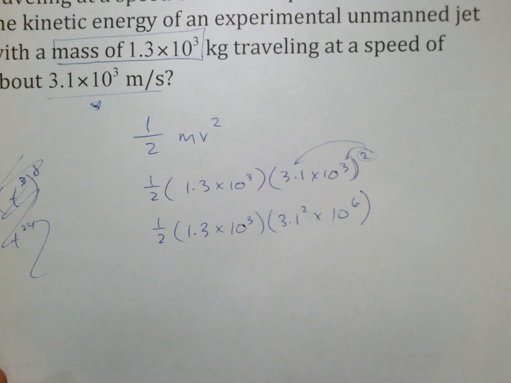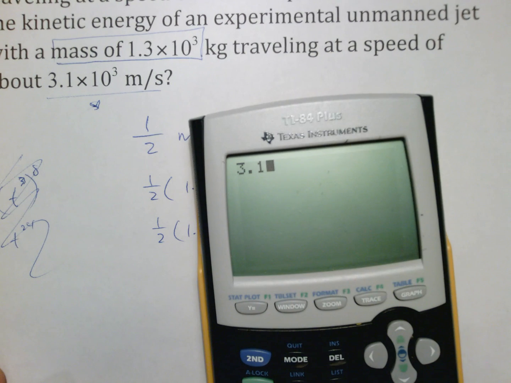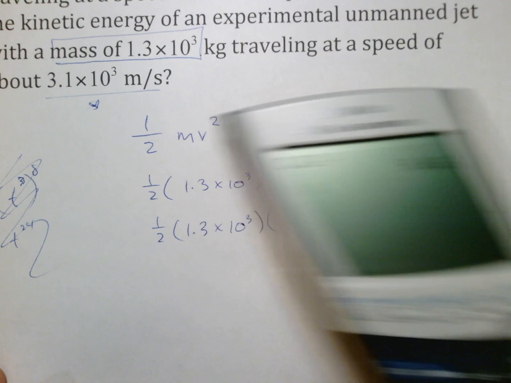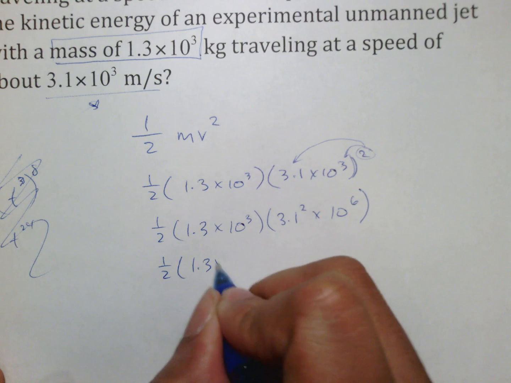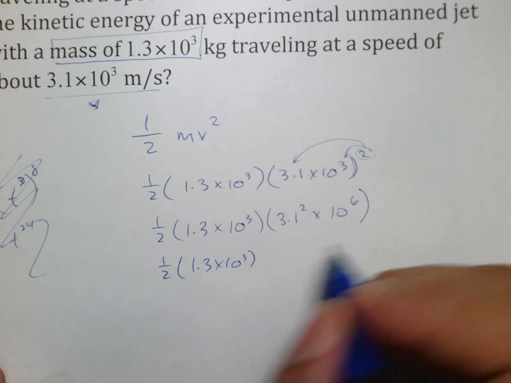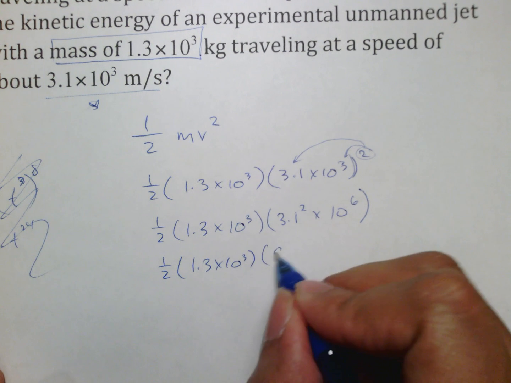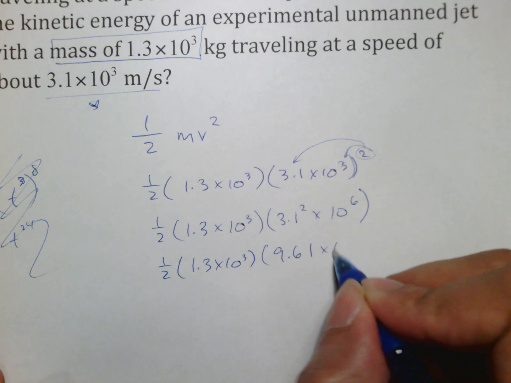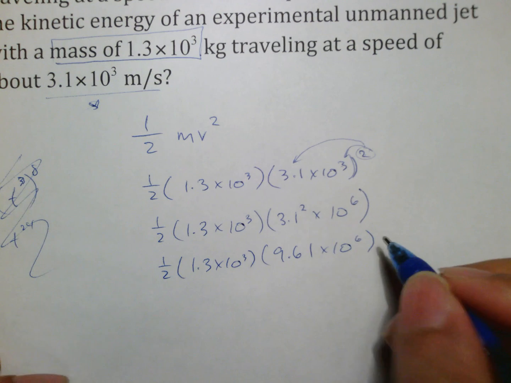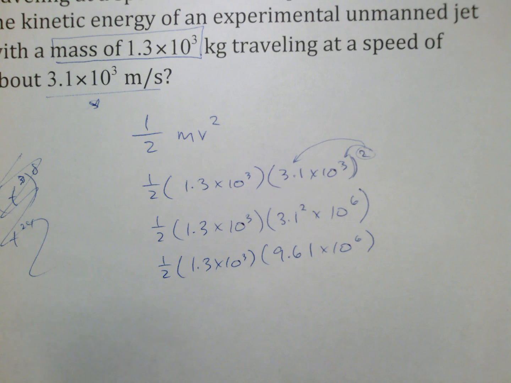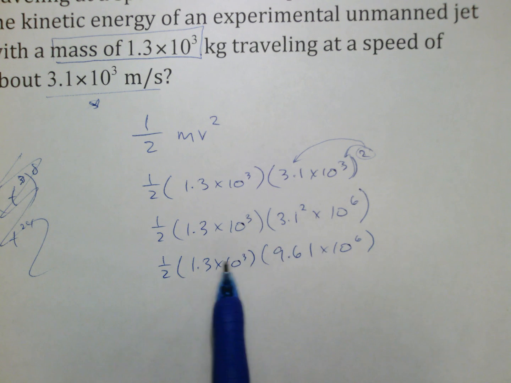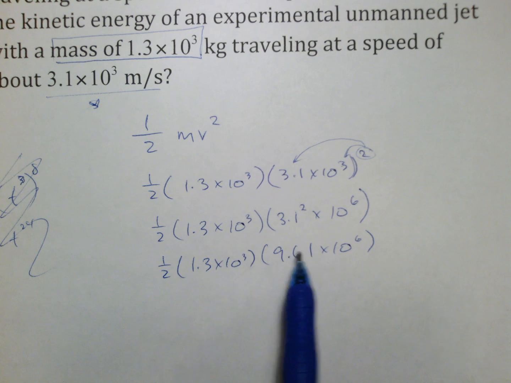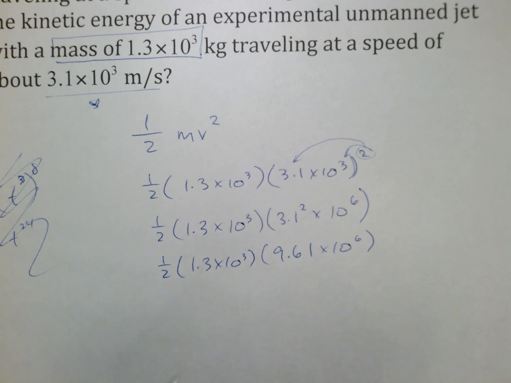Now we've got a simplified 3.1 squared, which is 9.61. So we have 1/2 times 1.3 times 10 to the third times 9.61 times 10 to the 6th. At this point, with multiplication, you've got 1/2 times this amount times that amount. I would probably rather get the order of scientific notation out of the way first.